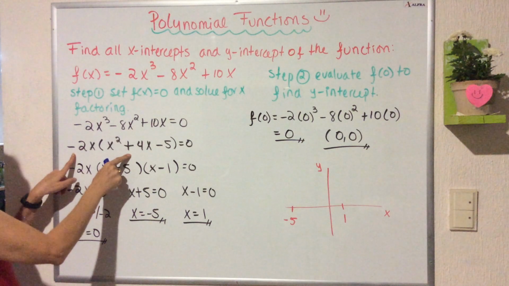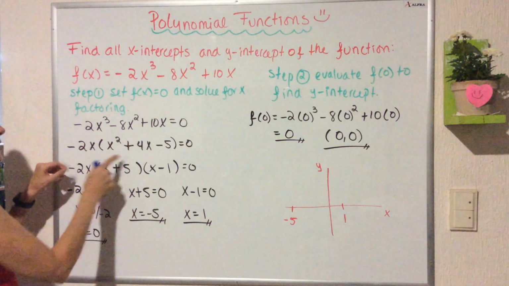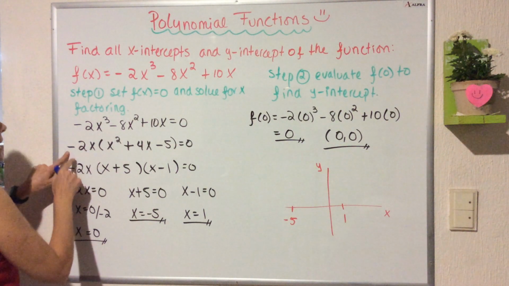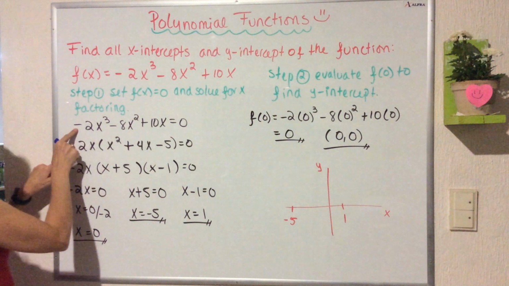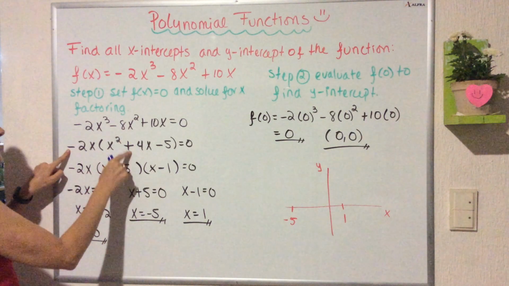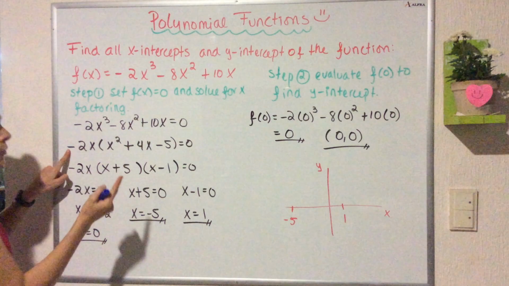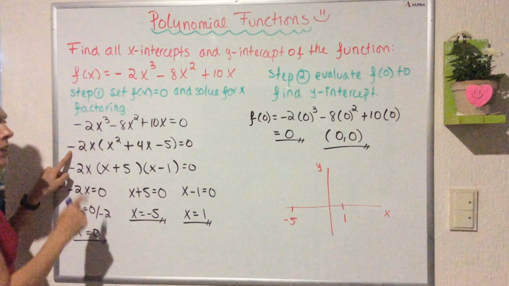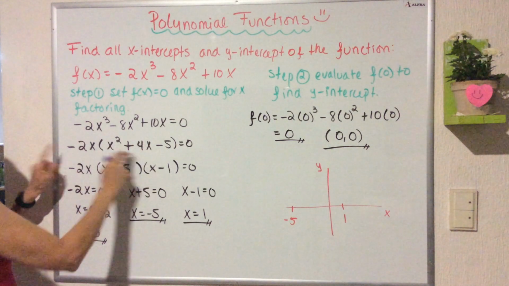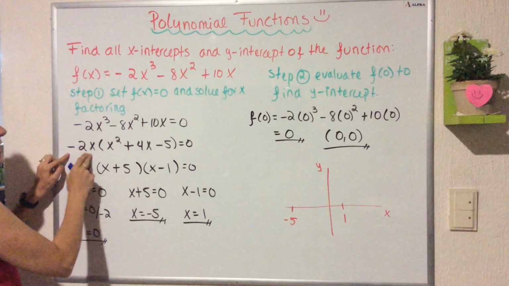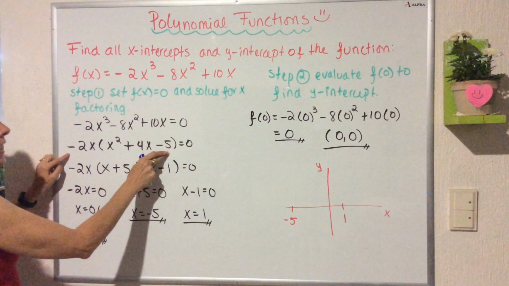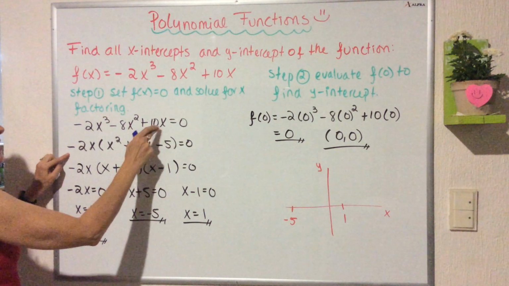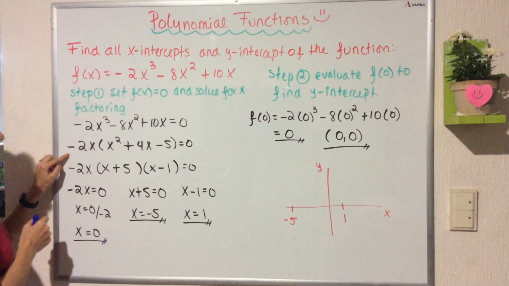Careful with the signs, because sometimes you get confused in this part. Negative times positive, negative. Negative times positive, negative. And then look in the third one. Negative times negative, positive. Okay? Careful with the signs. And then if I multiply minus 2x times minus 5, I get plus 10x, positive 10x. Okay?